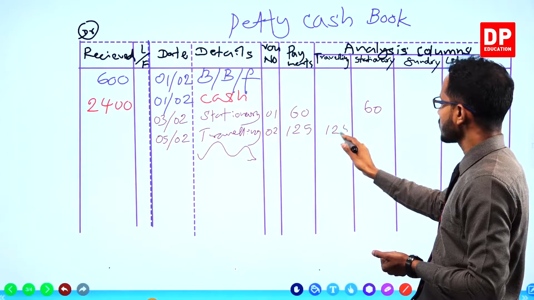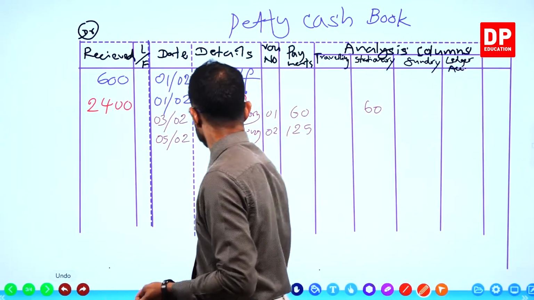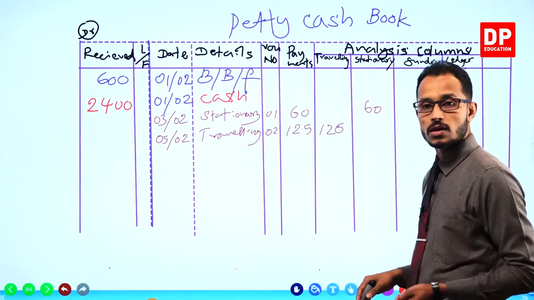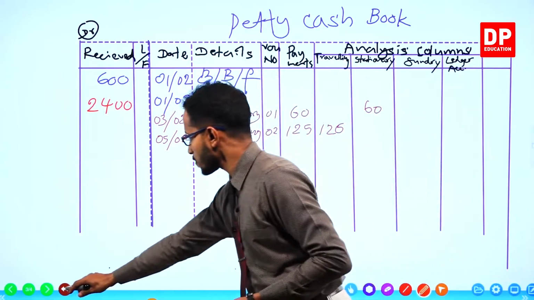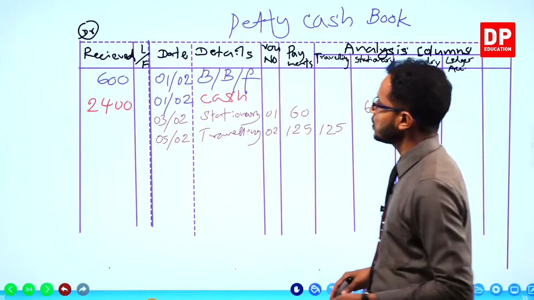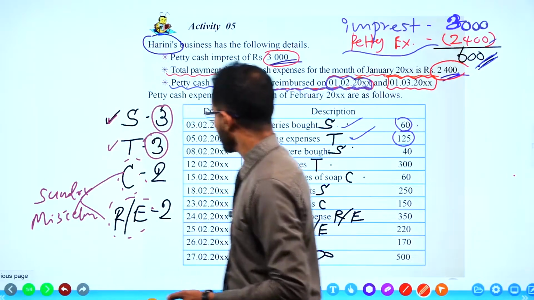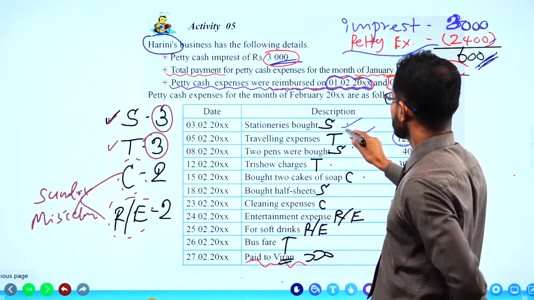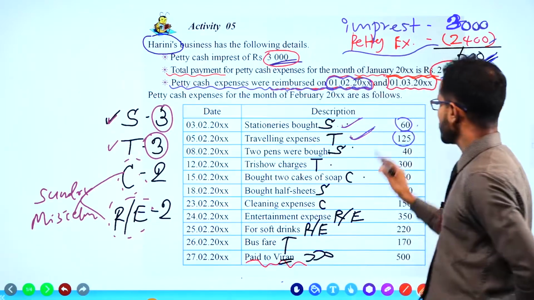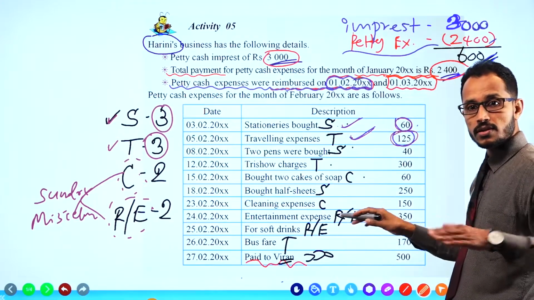That is recorded in the traveling column, 125. All right, we check the next. Payment. We recorded stationery, okay. We recorded traveling 125, okay. Can you see the amounts? 60 and 125 recorded, done.